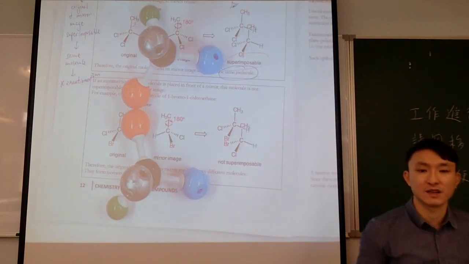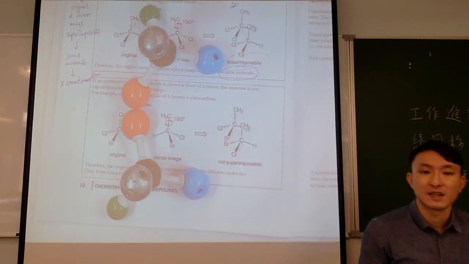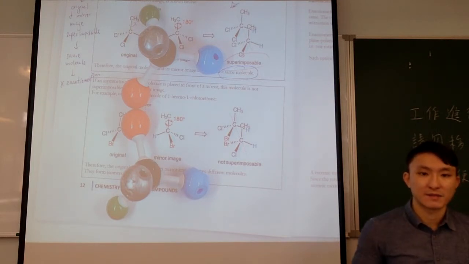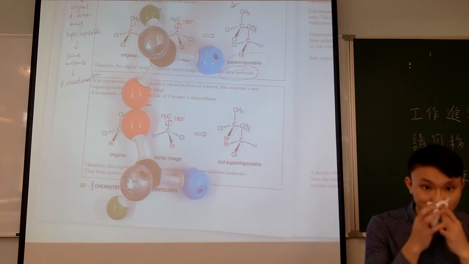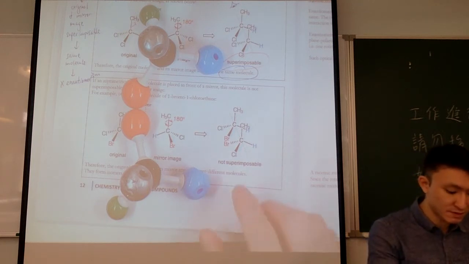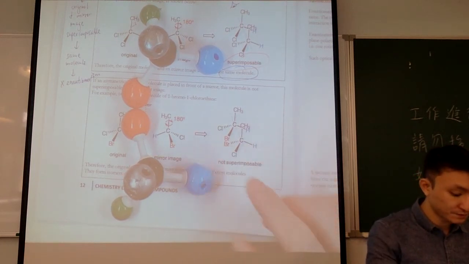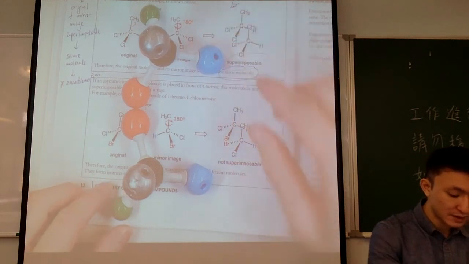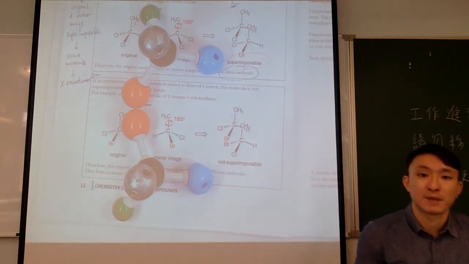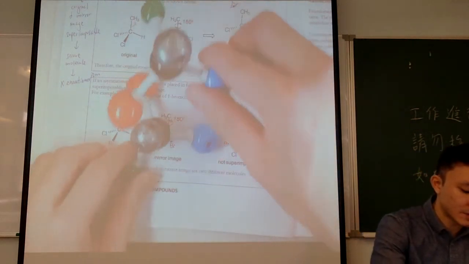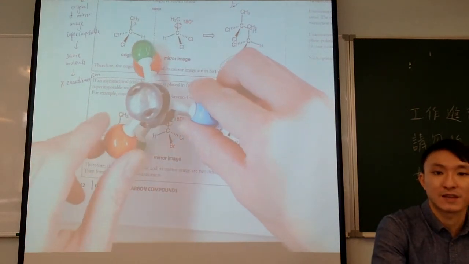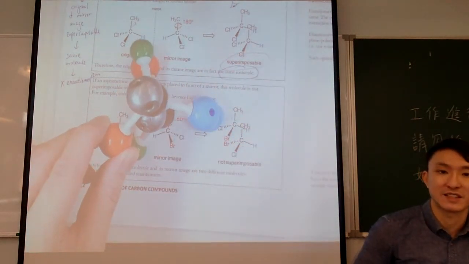That would be better for you to see it. If you put it this way, then as you look into the compound, can they completely superimpose? Or maybe I'll put it this way. This would be better. That would be easier to see.